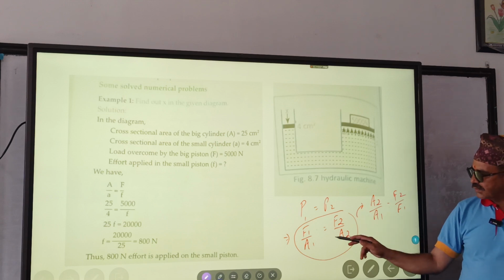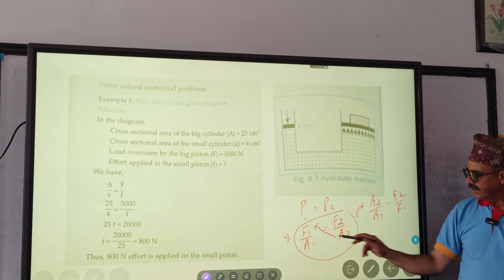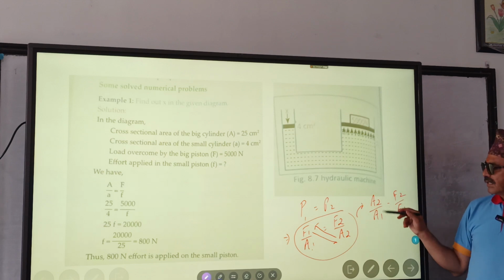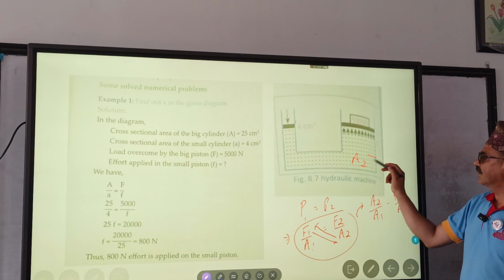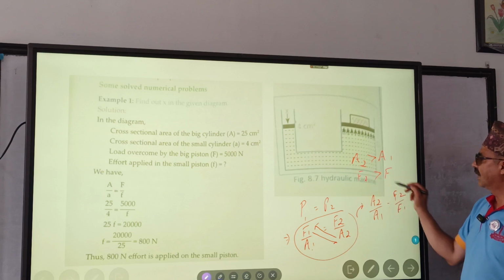F1 by A1 equals F2 by A2. But this A2 goes here, A2 by A1, then this F1 comes here, F2 by F1. Tell me, A1 is bigger or A2 is bigger? A2 is bigger than A1. So F2 will also be bigger than F1.